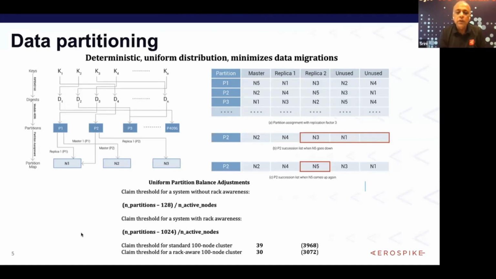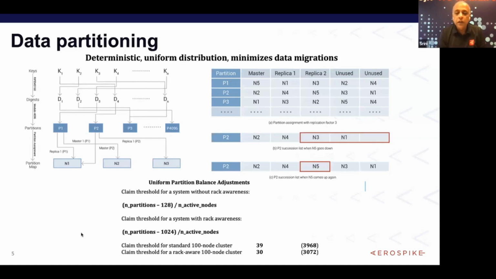Now, in order to adjust this, at Aerospike, we implemented certain uniform partition balance adjustments. This algorithm assigns the partitions randomly up to a point. And after a while, as it starts assigning partitions to nodes, it starts to balance them out.